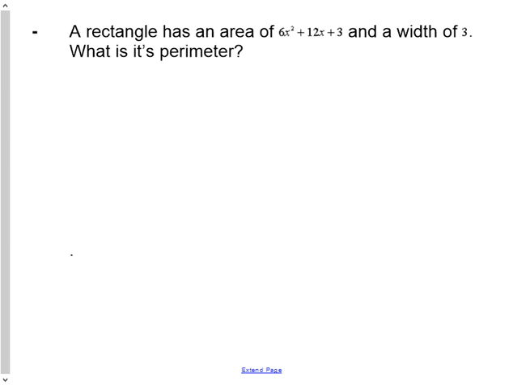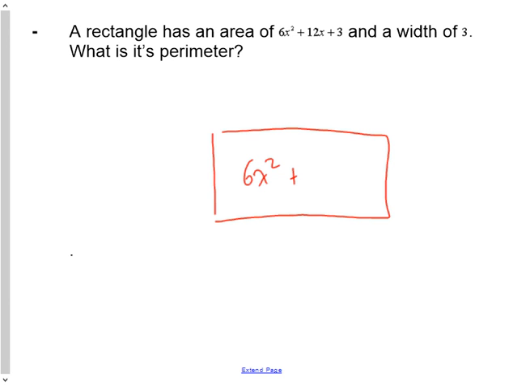So it says a rectangle has an area of 6x squared plus 12x plus 3, and a width of 3. So this is kind of like our area model, except we have the rectangle like this. And I'm going to break it up into actually 3 parts, because you're going to see why that makes sense in a second.